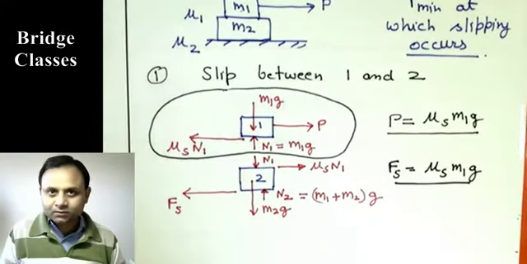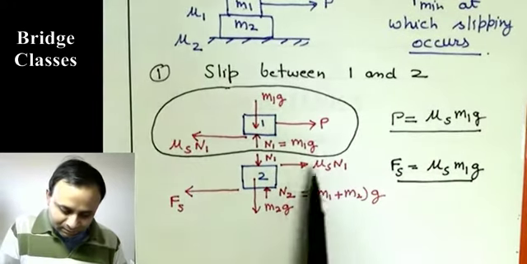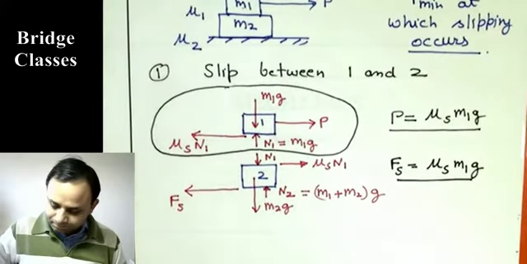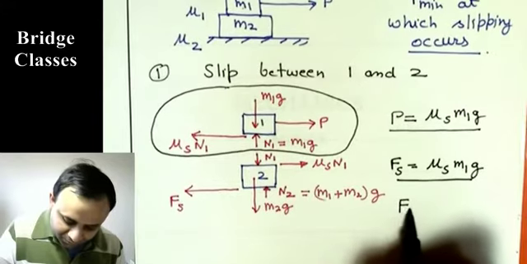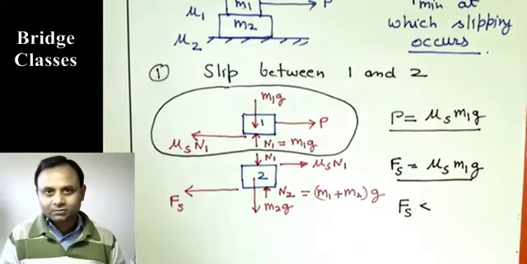But see, we assumed that there is slipping between 1 and 2, but no slipping between 2 and the surface. So what is the requirement for that? The requirement is that this frictional force Fs has to be less than the maximum possible frictional force.